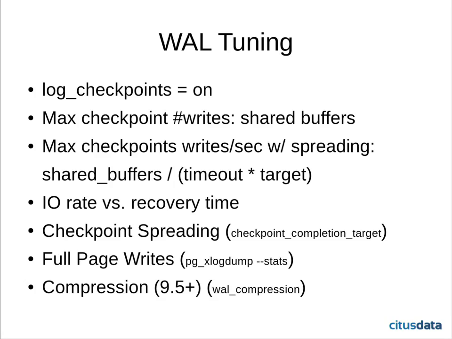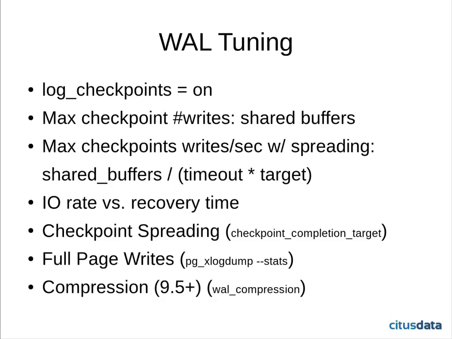But the next thing is that Postgres can do so-called checkpoint spreading. That's if you set checkpoint_completion_target to a number between 0 and 1. That will mean that it will try to take longer for a checkpoint, because a checkpoint happening as fast as possible would probably overload your I/O system, because it would potentially write 100 gigabytes of data within a second. Obviously, most storage is not going to be able to do that.